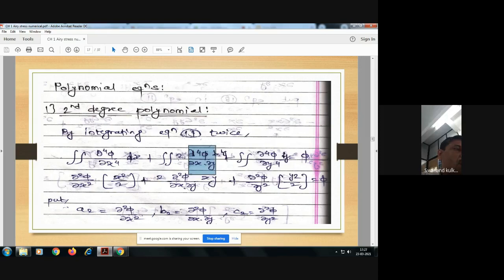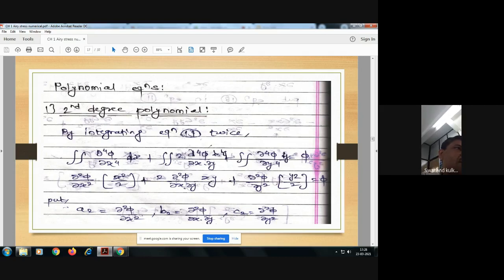So 2 is outside the integration as a constant part, and ∂⁴φ/∂x²∂y² reduces to ∂²φ/∂x∂y. Simultaneously, in the first integration ∂x² will convert into ∂x, and in the second integration ∂y² will get converted into ∂y.